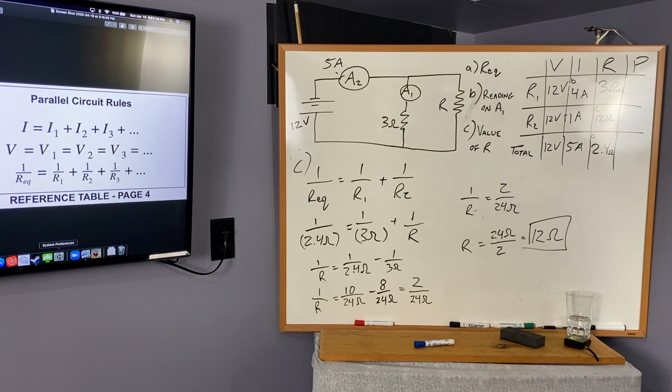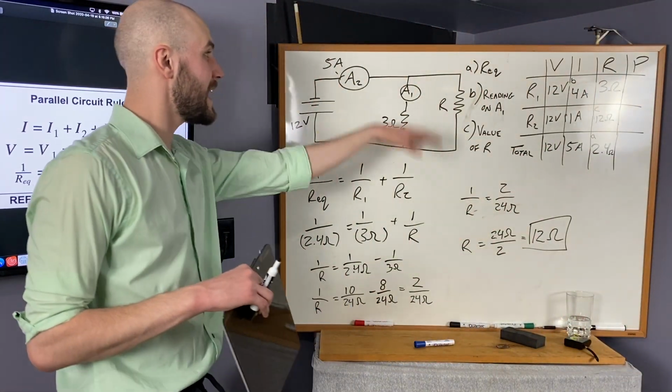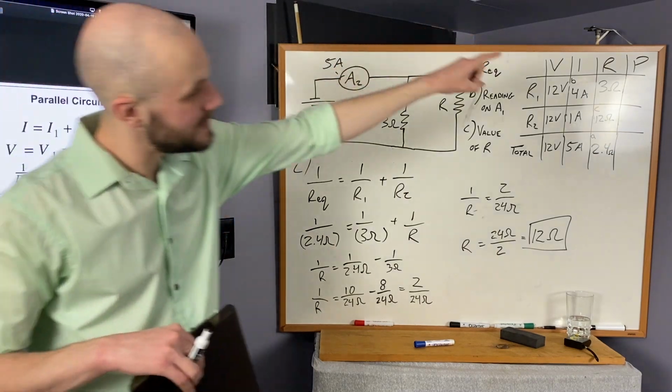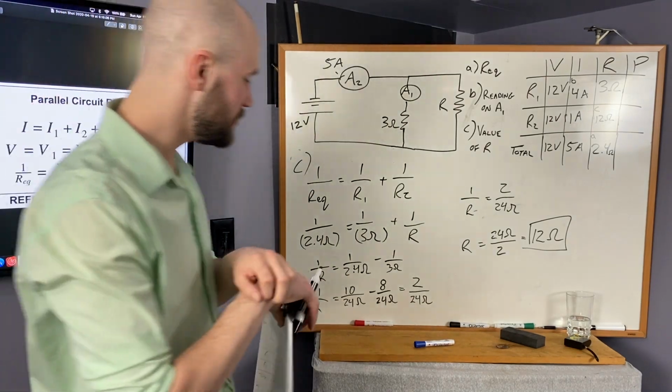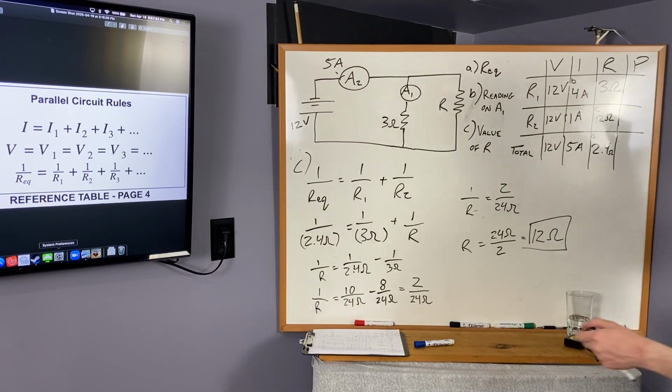Okay. So, we're done. We've answered all of the parts of the question. I'm going to quickly fill out the power column to make sure that we know how to do that. You can use any one of the power relationships that were given. I'm going to erase.